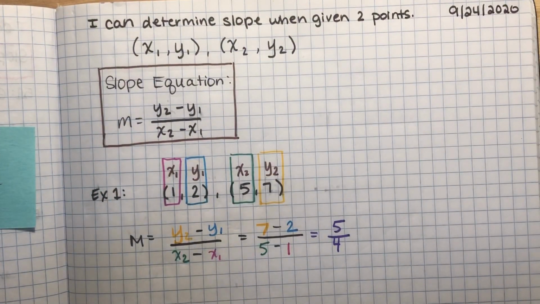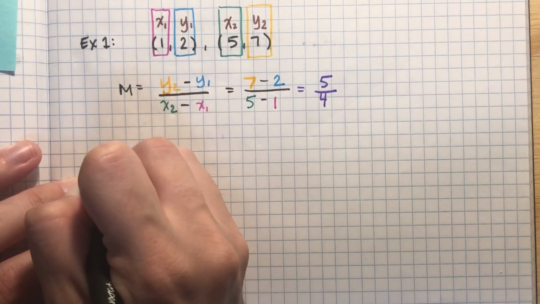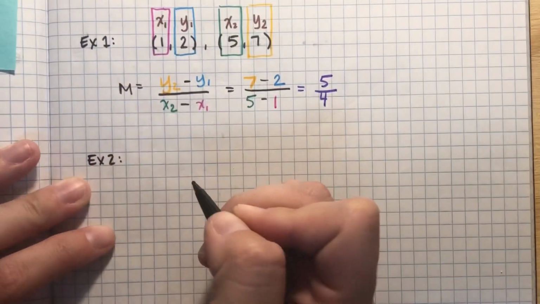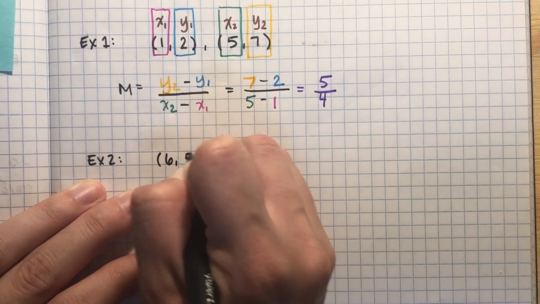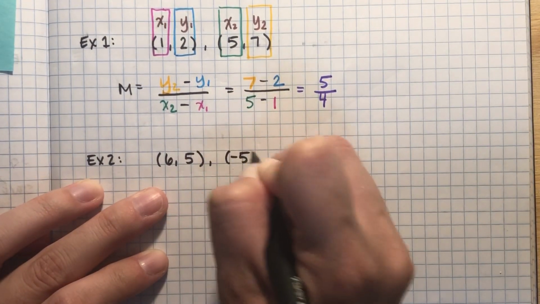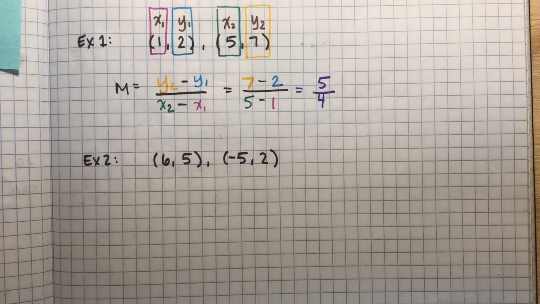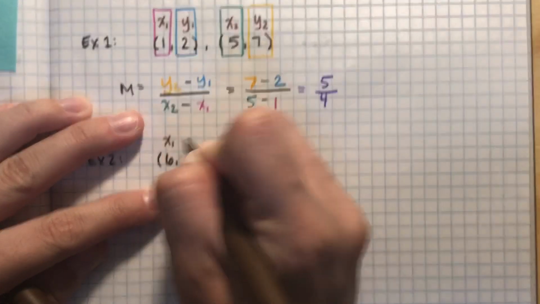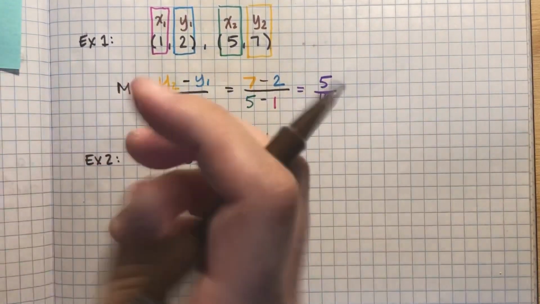Okay, example 2. Maybe we have 6, 5, and negative 5, 2. All right, so if we line these up, we have x sub 1, y sub 1, x sub 2, y sub 2.